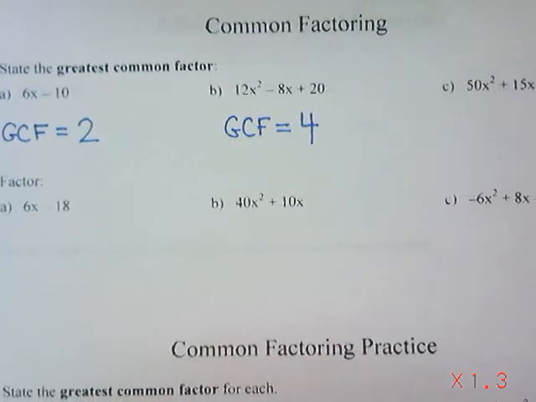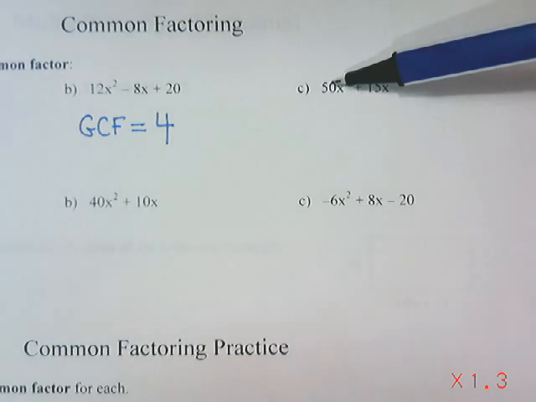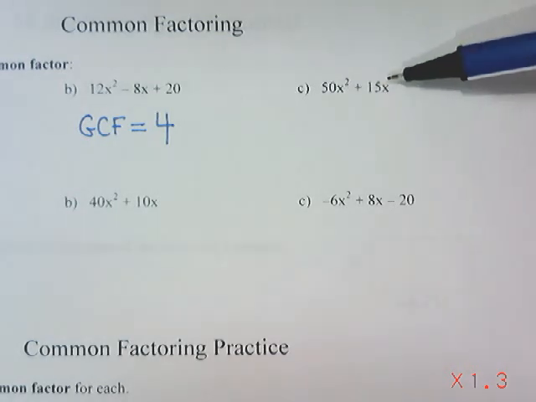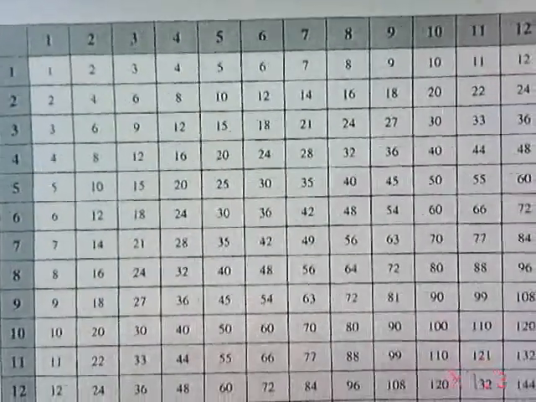All right, we have one more. We have 50x squared plus 15x. So I'm going to look for a number that goes into both 50 and 15. So back to the multiplication grid I go.